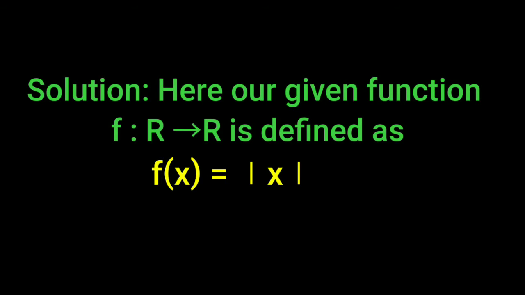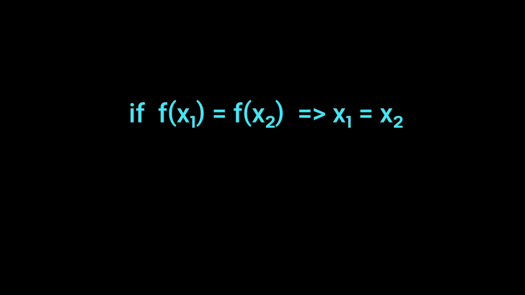Here our function is defined on the set of real numbers, so we can consider any number for the values of x. Hence let us find the values of f of x1 and f of x2, taking x1 equal to 1 and x2 equal to minus 1.